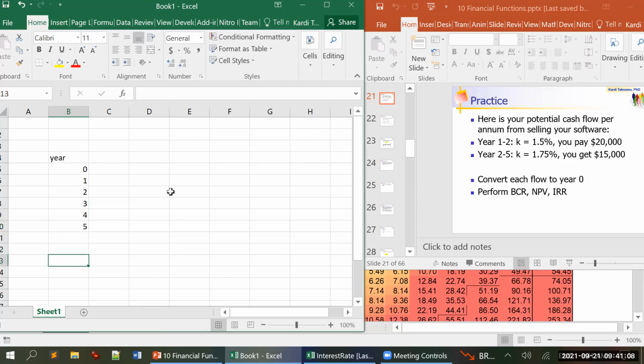Is that correct? And then your cost and your income. In year 0, you don't have any. So in year 1, you pay 20,000.